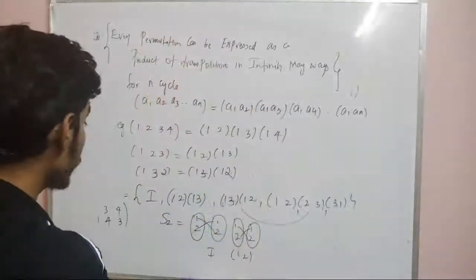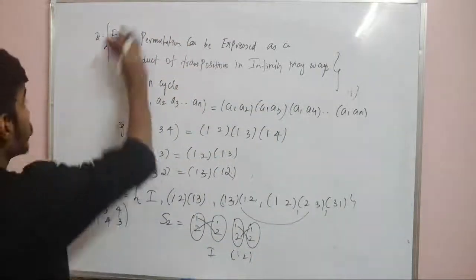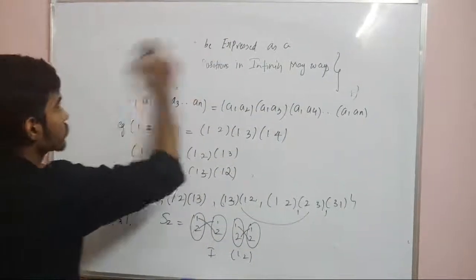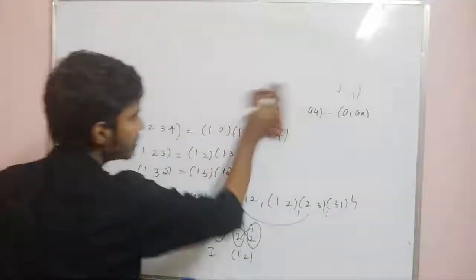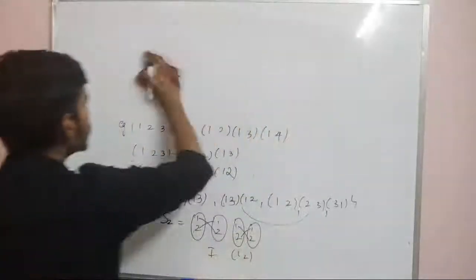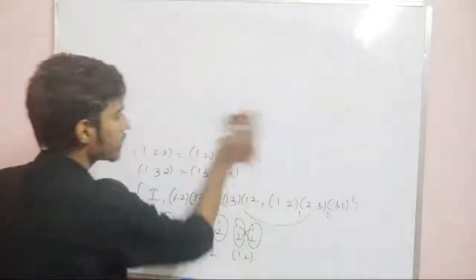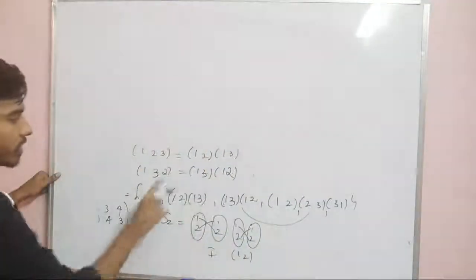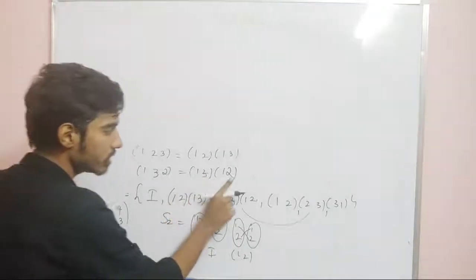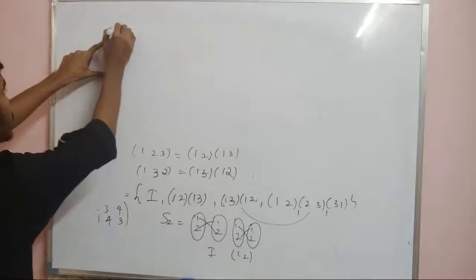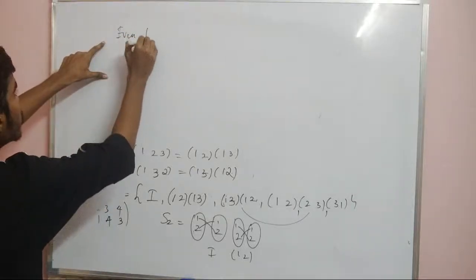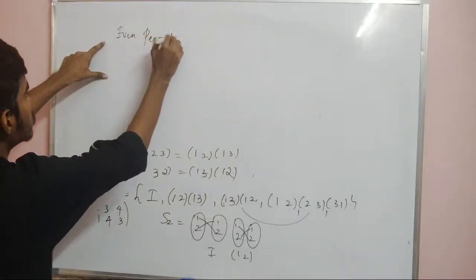Now we are going to define two definitions. Again in S4, you take any cycle and represent it as a product of transpositions, and you can verify that both are the same. You just find (1 3)(1 2), you will get the same (1 3 2). Now we are going to define the term even permutation.